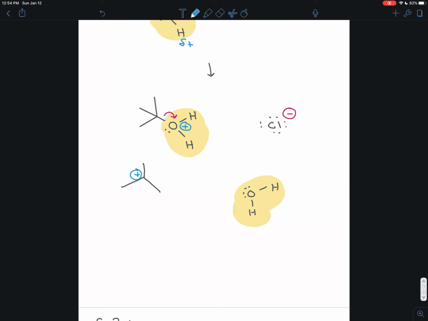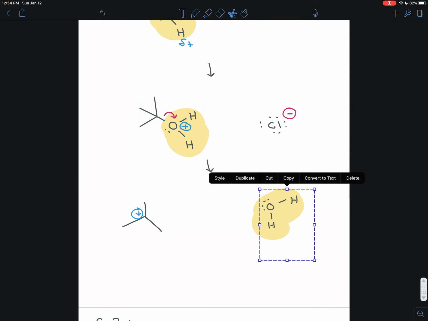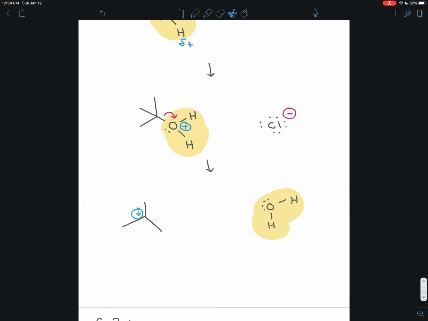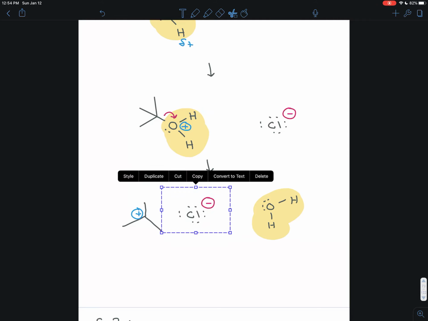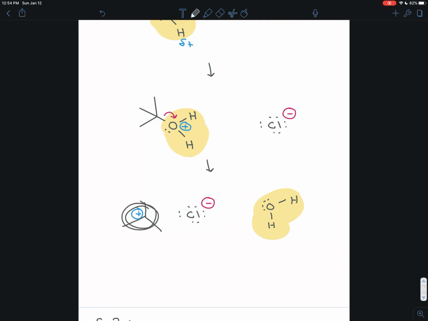Now at this point, after we have the loss of that leaving group here, we have water jostling around, stable, and we have this chlorine. Now the full negative charge on the chlorine feels the full positive charge on this carbon. When it comes close to it, the chlorine's so big, it can accommodate a lot of electrons. The electrons all swarm to one side of the atom to get close to this positive charge.